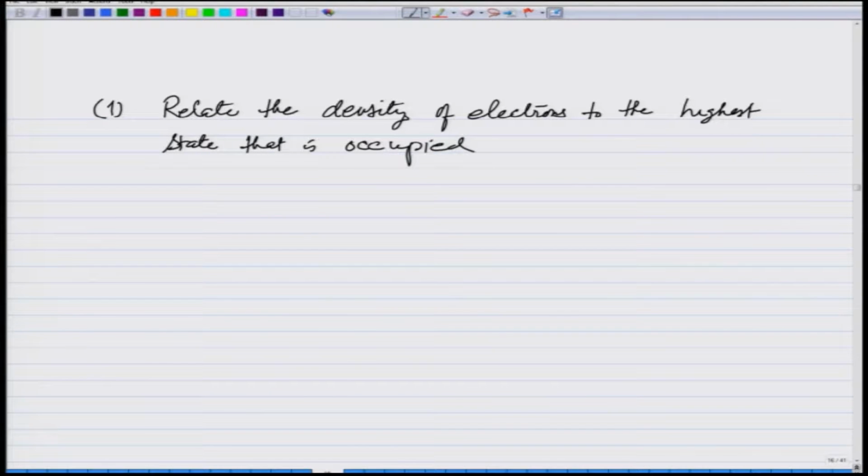As I said earlier, if I look at this k space, every 2 pi by L there is one state. So, let us just make these states. These are all filled. However, each state can take only 2 electrons. So, this is 2 electrons, 2 electrons, 2 electrons, 2 electrons.